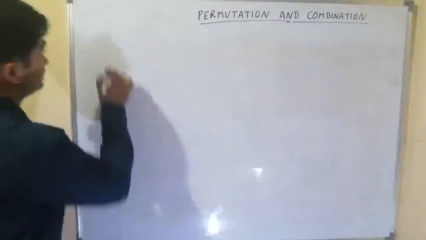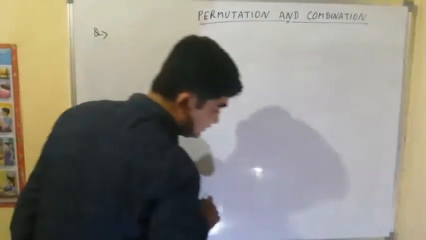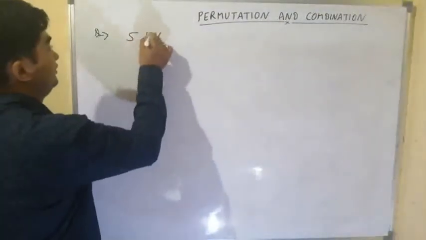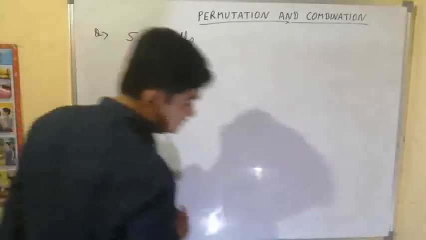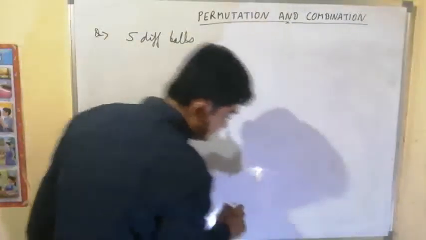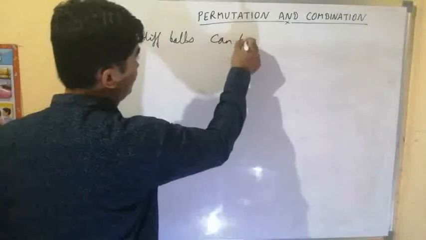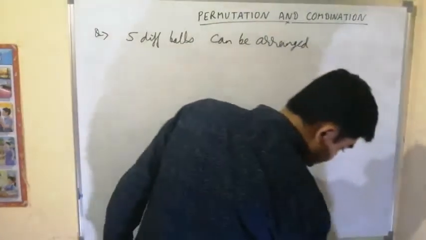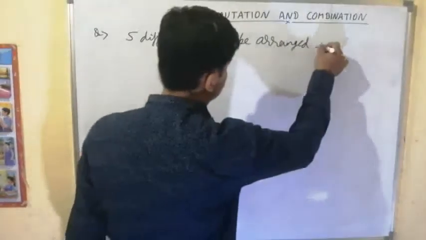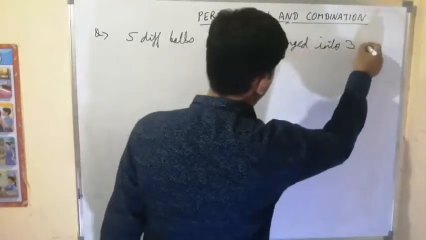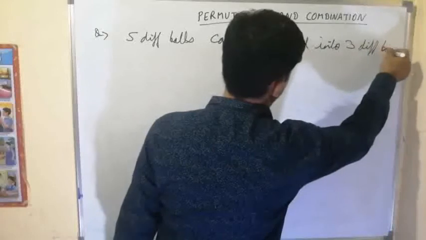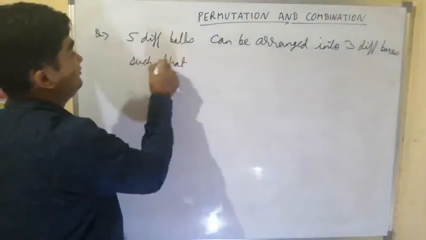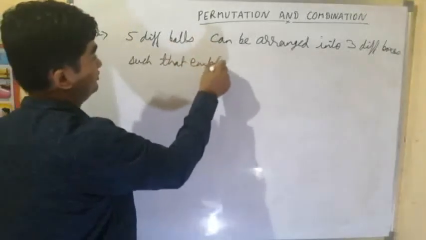One problem we will do. In how many ways can 5 different balls be arranged into 3 different boxes such that an empty box is not allowed?